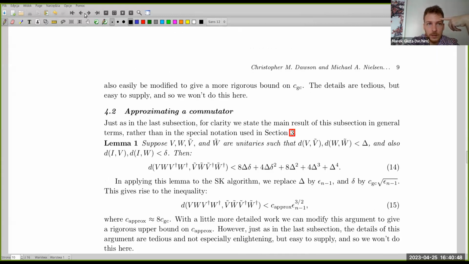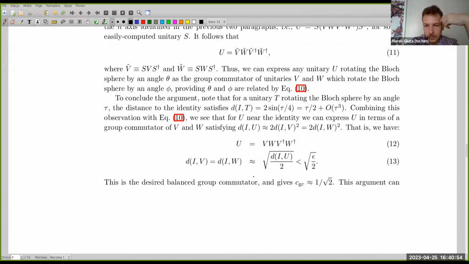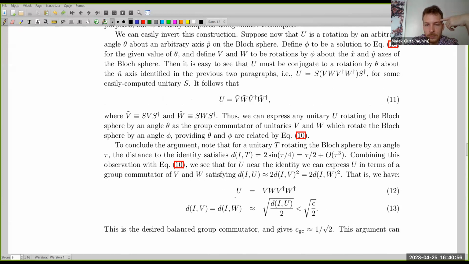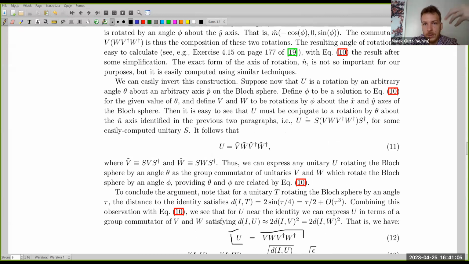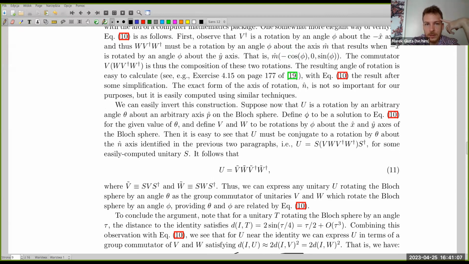Why is this group commutator helping, and why do I get a better approximation? Basically they are saying we will be attempting to write U as a group commutator of some operations. But you would need to read the full paper to understand the full notation.